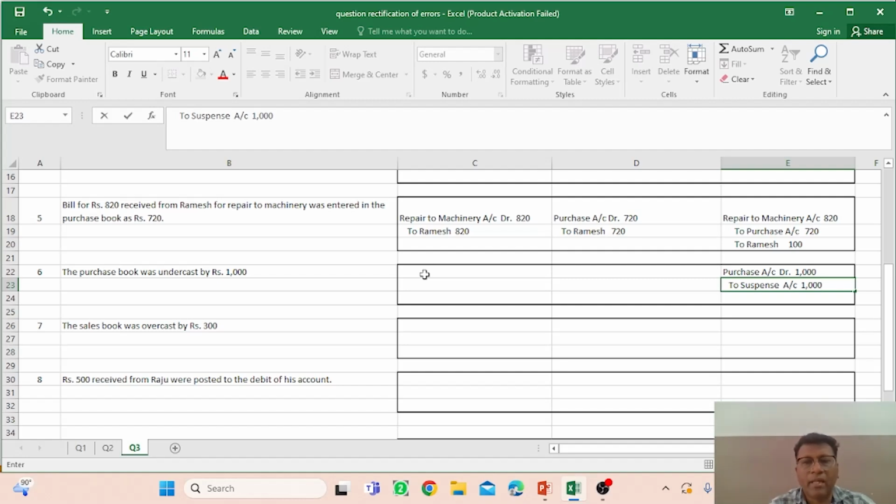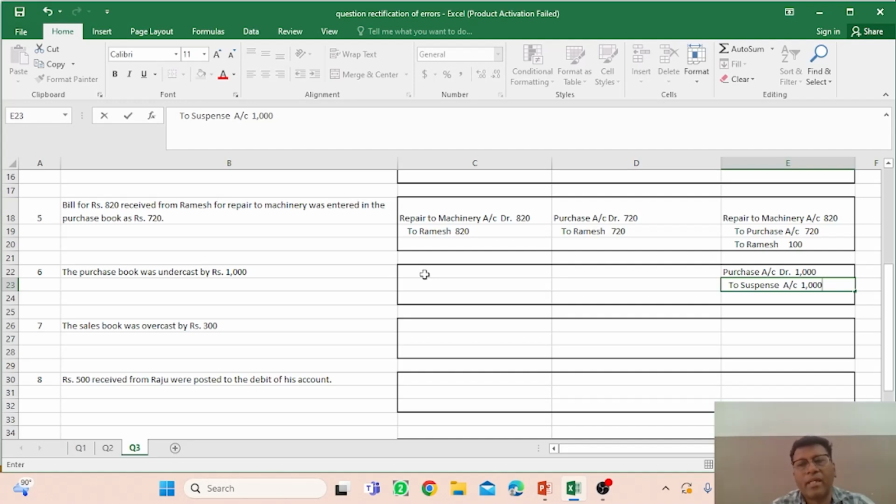Once again, I am repeating: if any transaction is taking place in your organization and after preparation of the trial balance you locate an error in the books, that any account was undercast or overcast, then in this case you have to apply this particular method, that the suspense account would be opened.